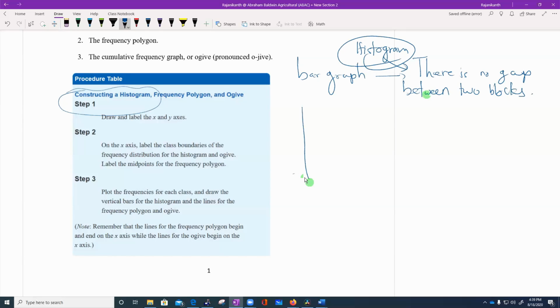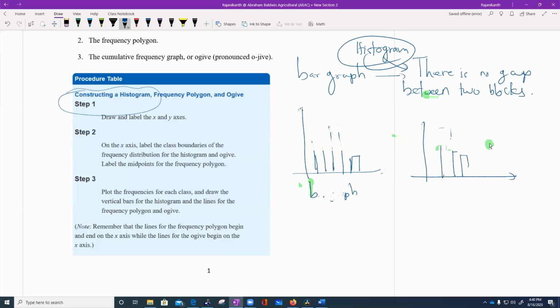For a bar graph, you may or may not have spaces between two blocks. Your bar graph may have two blocks with a space between them, but when you draw a histogram, you should not have any space there. It should be continuing.